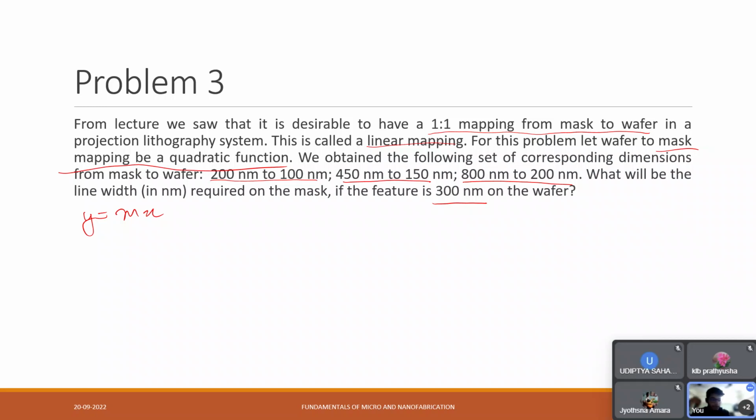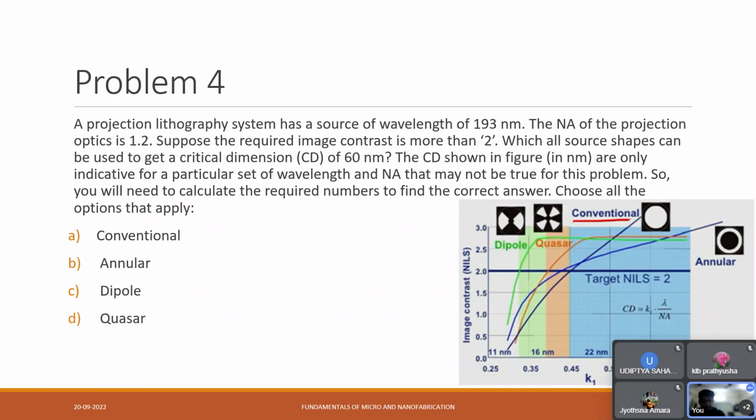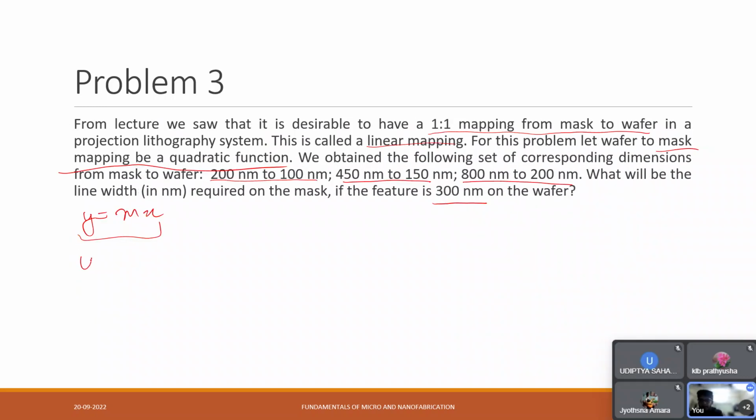Okay, so we will proceed with the answer. We have a general understanding of the linear mapping. For a quadratic equation, we can write y equal to a x square, where a is some coefficient.